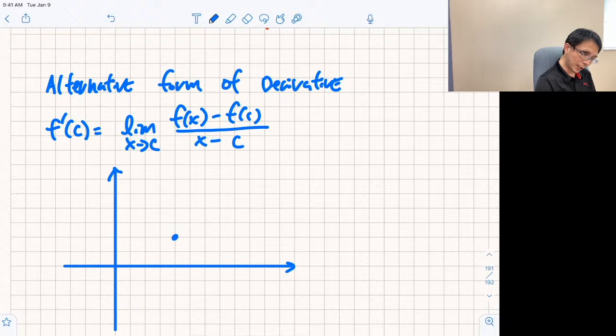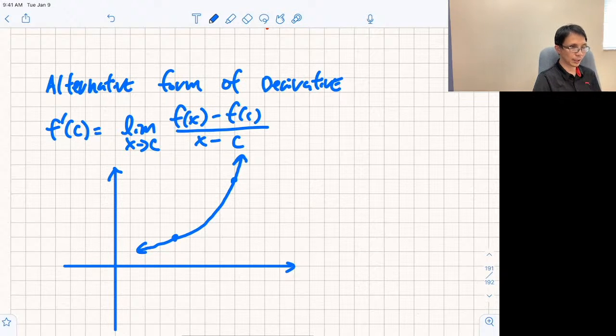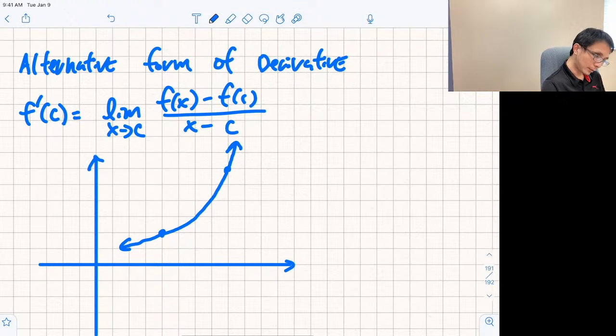So if I have some type of curve, maybe like an e to the x function, we're going to call this point c, and we're going to call this x.